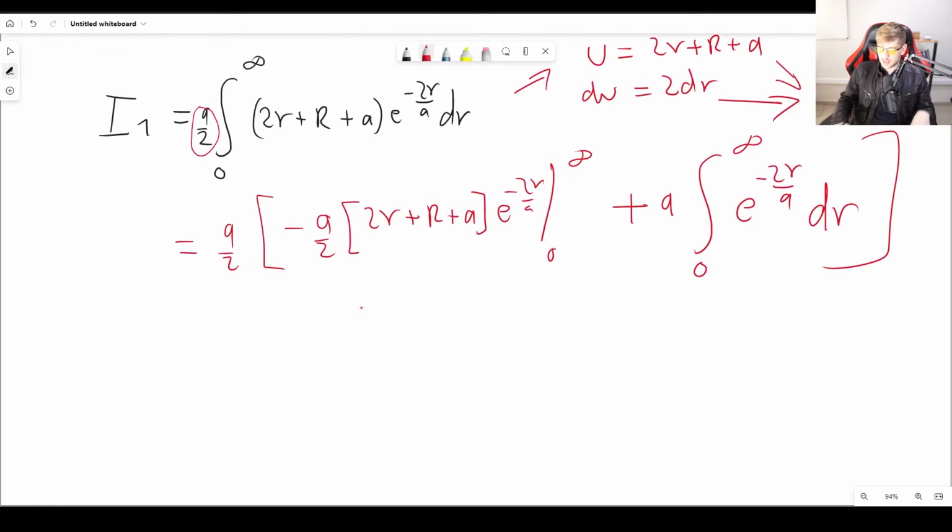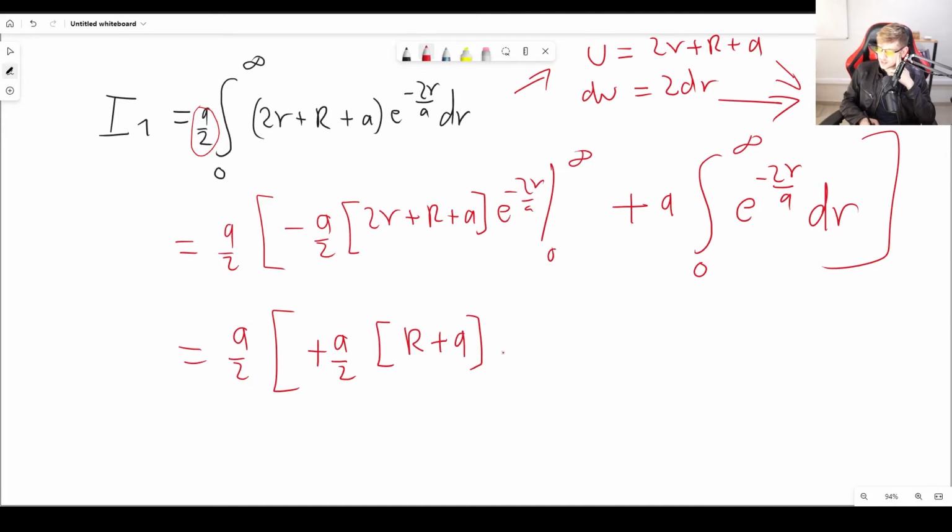Okay, so now let's calculate this. So we have a over 2 minus a over 2. Well, as I mentioned, at infinity, this is 0. So we only have the second term. So we get minus in front, which will cancel this minus. And then we have 0, so this part is 0, times r plus a.